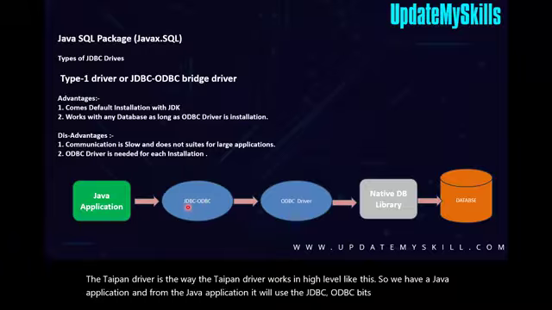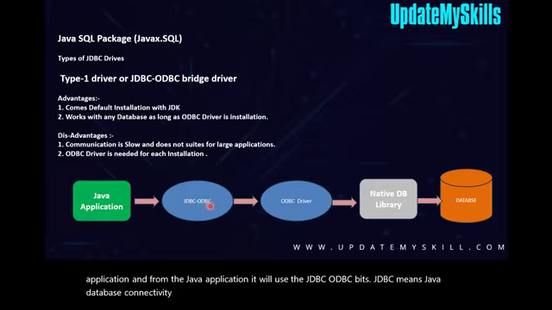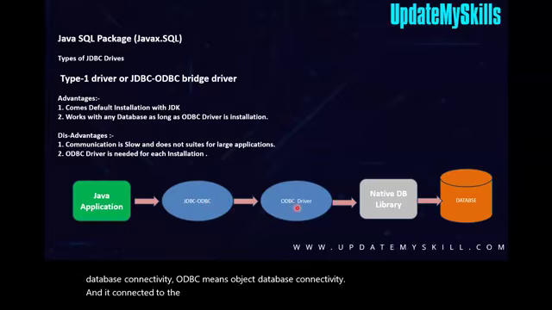JDBC means Java Database Connectivity. ODBC means Open Database Connectivity. And it connects to the ODBC driver, and the ODBC driver connects to the native database libraries of the respective databases.